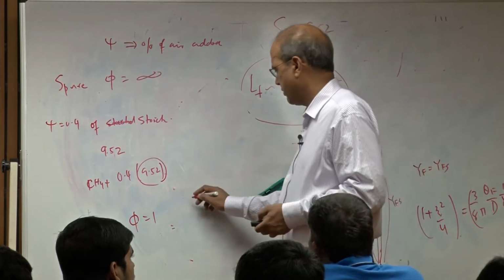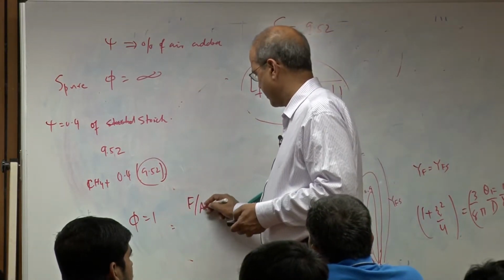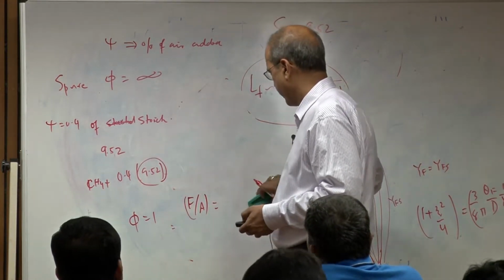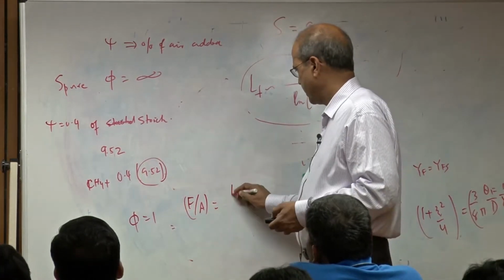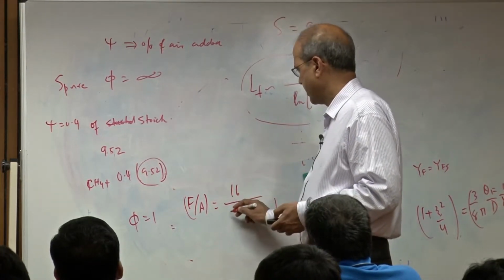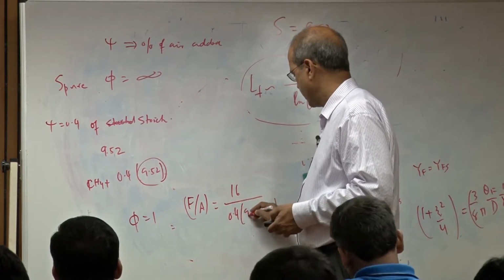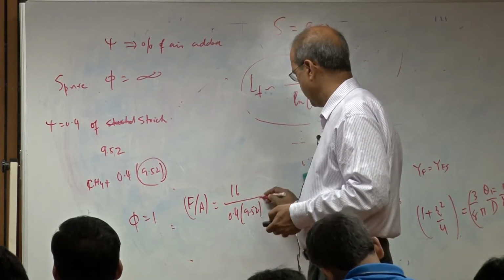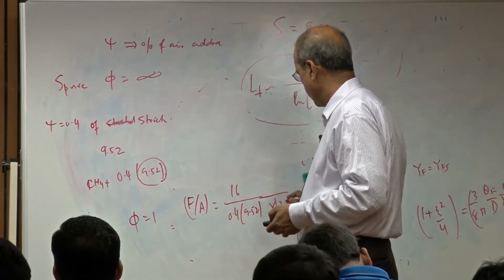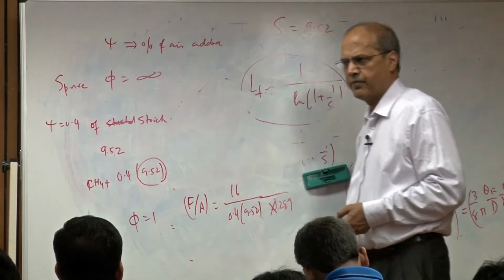What is F over A now? It is 16 divided by 0.4 times 9.52 times 28.9.